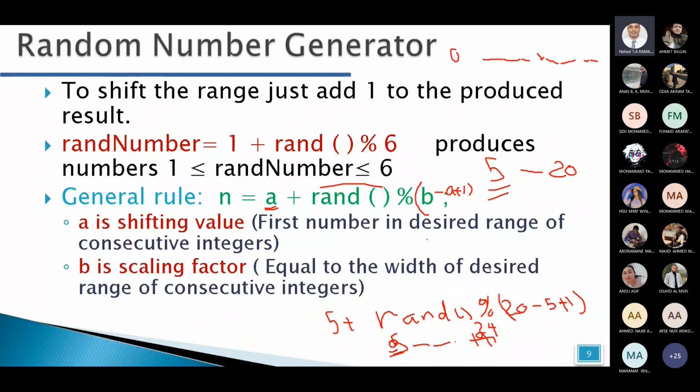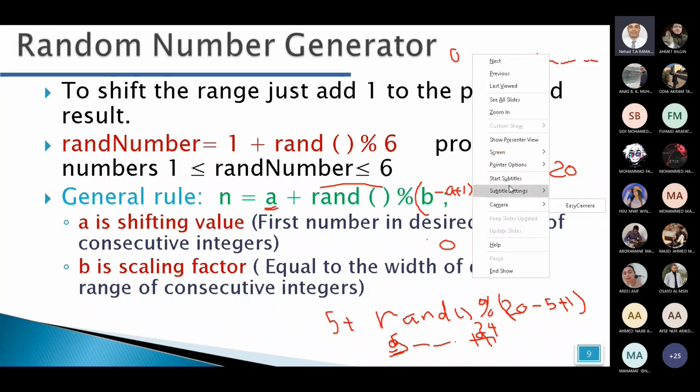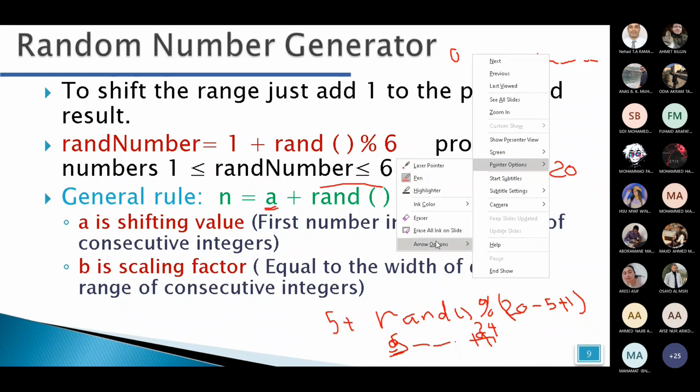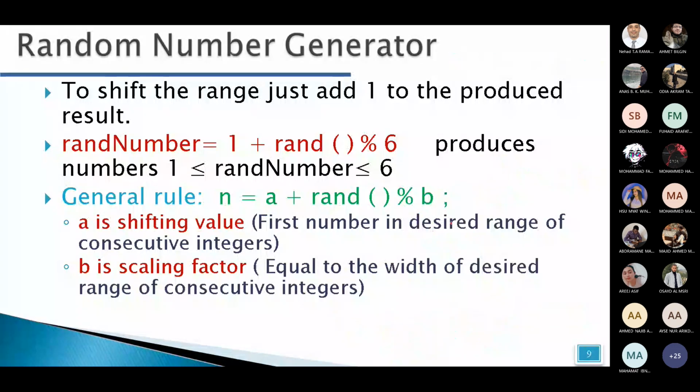Okay, I need a random number from 0 and 1. It's simple. So this B will be the last value in the desired range, and this A will be the first value in the desired range.